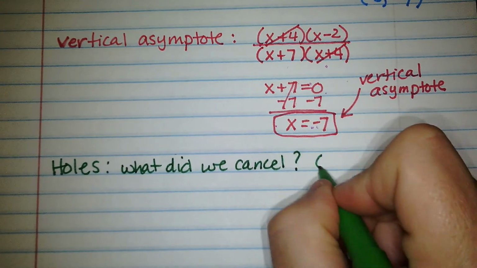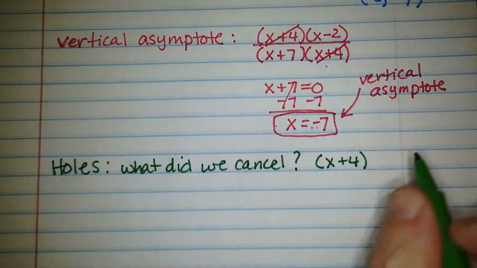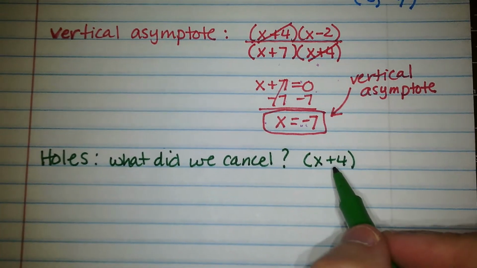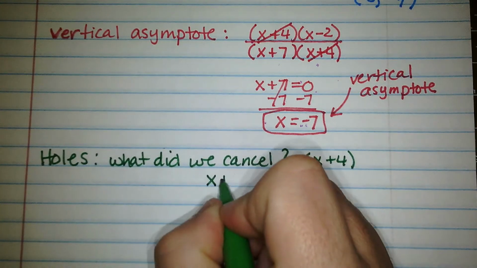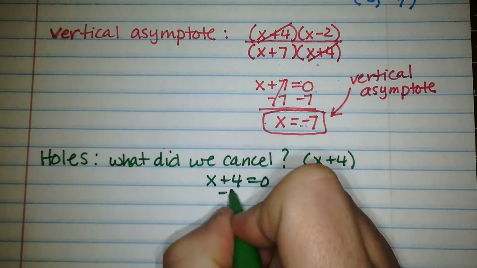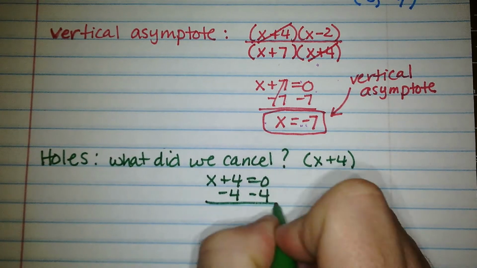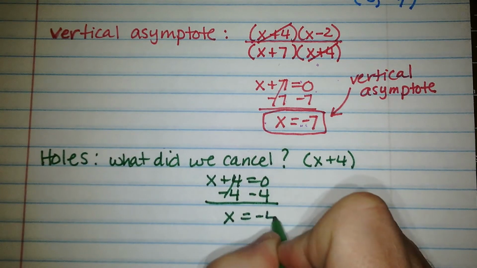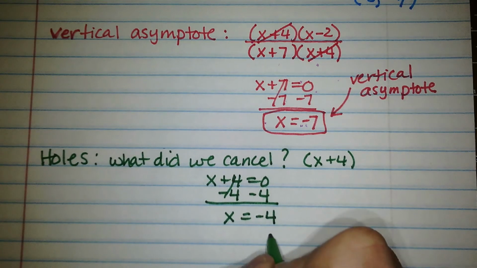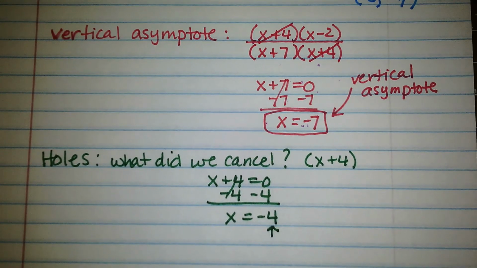We canceled X plus 4. So if we canceled X plus 4, then we're going to solve this for a 0. And this is the X value of my hole.